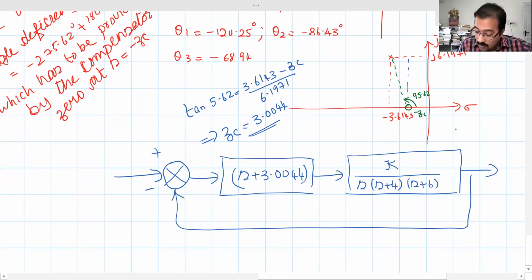This closed loop system will meet the desired specifications. What are they? Overshoot must be 16% with a three-fourths reduction in settling time.